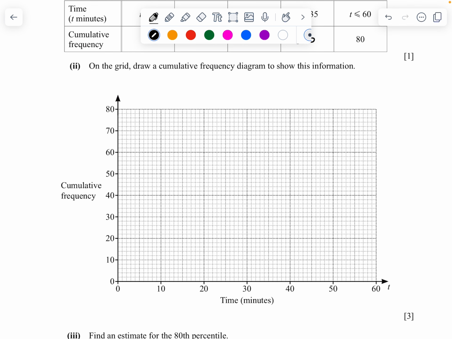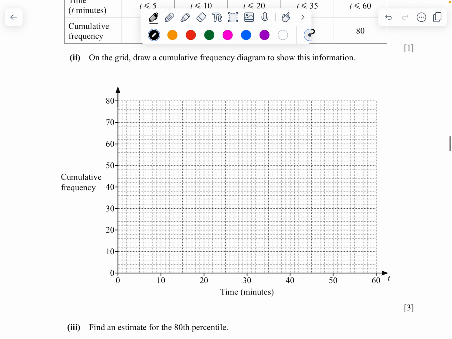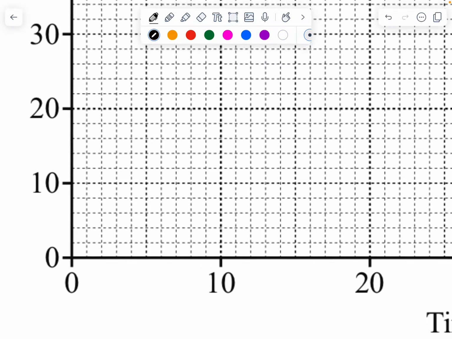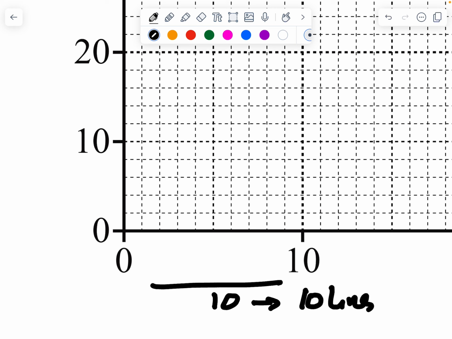So what am I going to do? At 5, it's going to be 3. On the horizontal axis the gap is 10 and we have 10 lines, so each line is 1. So the middle line is going to be 5.